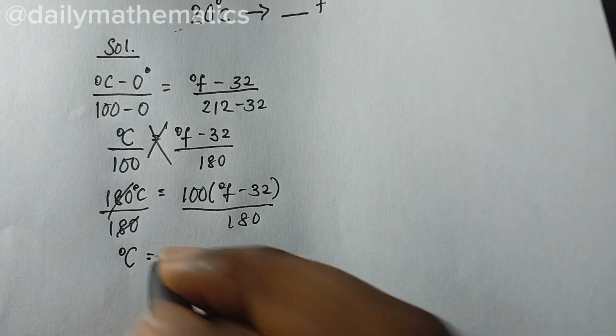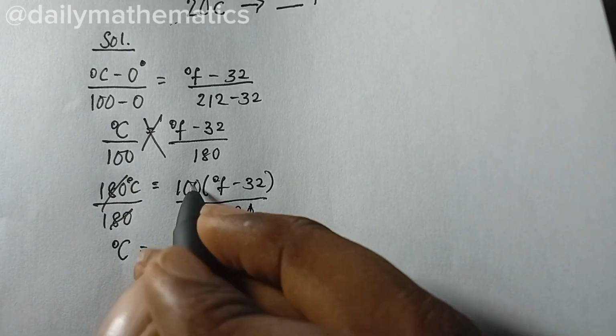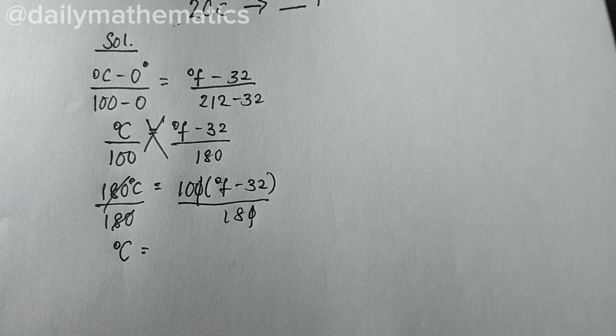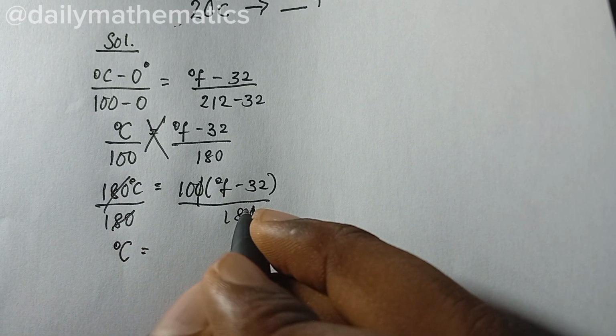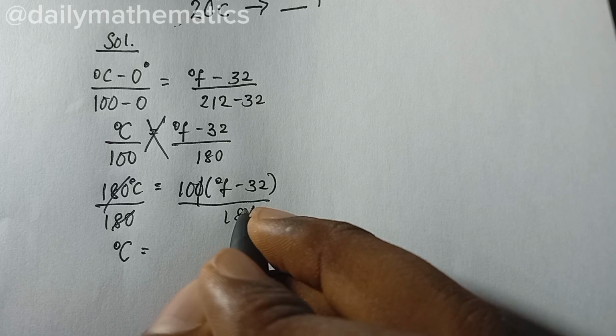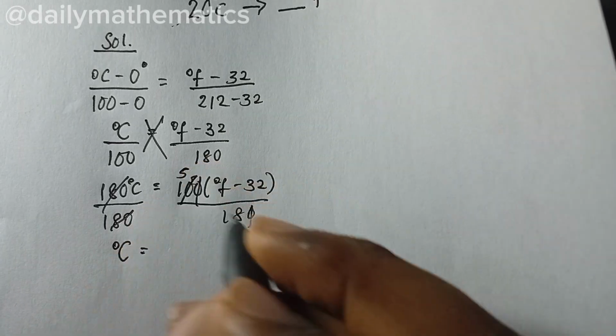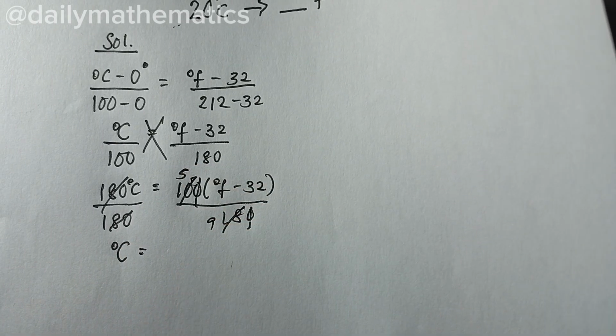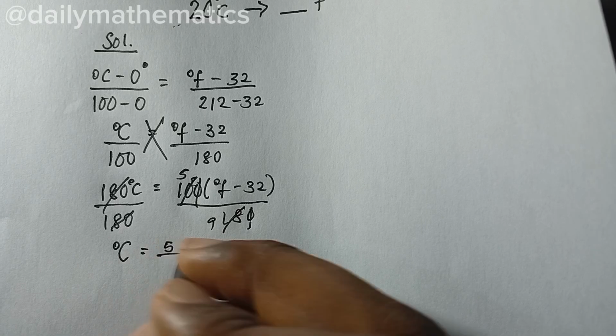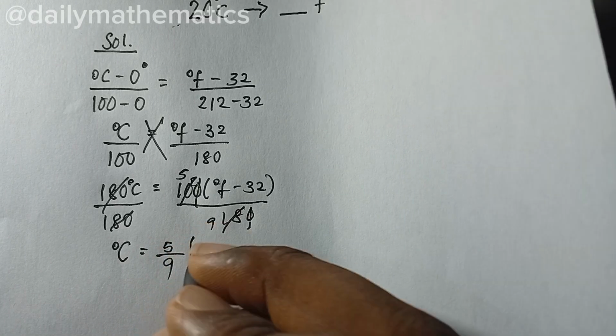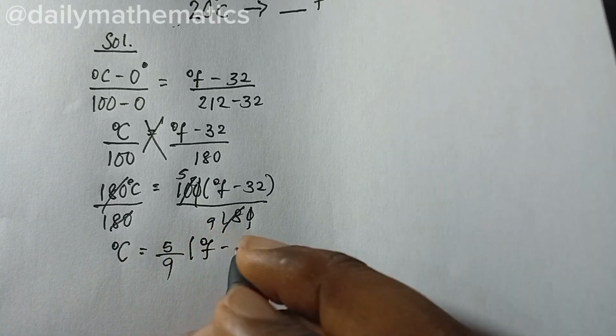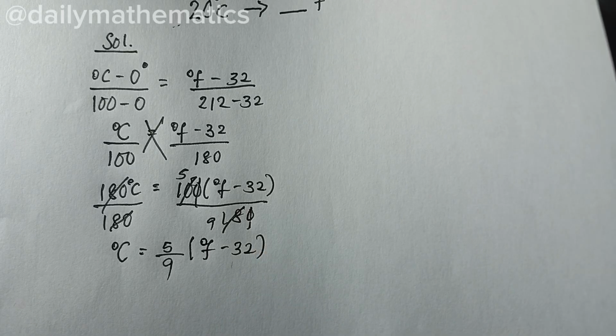We have degree Celsius equals, from here 0 cancels 0, and then we have 5 here and 9 here. And so from here we have 5 over 9 bracket degree Fahrenheit minus 32.